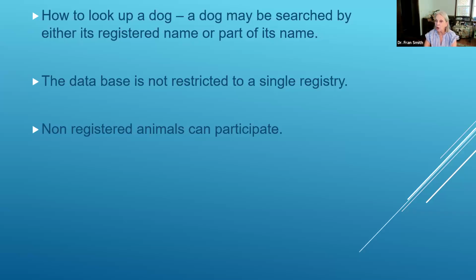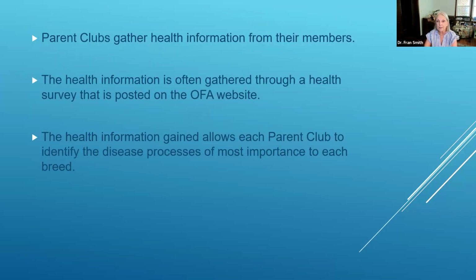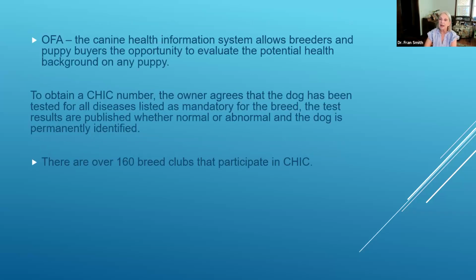The database on OFA is not restricted strictly to AKC. We do UKC, we do a coonhound registry, a greyhound registry, etc. And if you have non-registered animals, you can participate, and that does include hybrids. OFA then is the Canine Health Information System, which allows breeders and buyers the opportunity to evaluate potential health background.